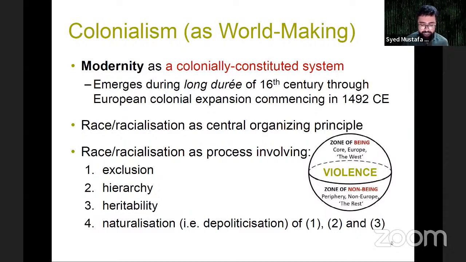The latter functioned as a non-reductive organizing principle in the violent forging of the binary, hierarchical, world systemic structural opposition of the West and the rest during the longue durée of the 16th century and thereafter.